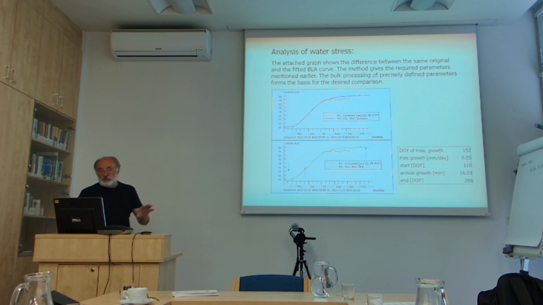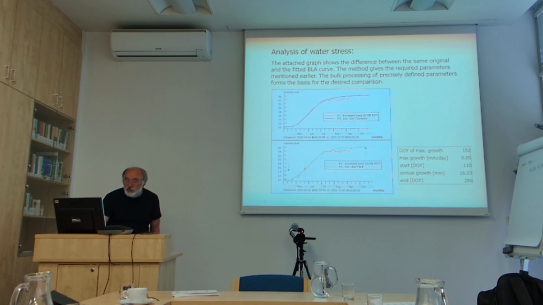The upper one is what I have already shown you. So this is the Gompertz curve with the nicely pronounced time period of water stress, and the lower one looks more or less the same, but instead of Gompertz, this broken line curve is used.